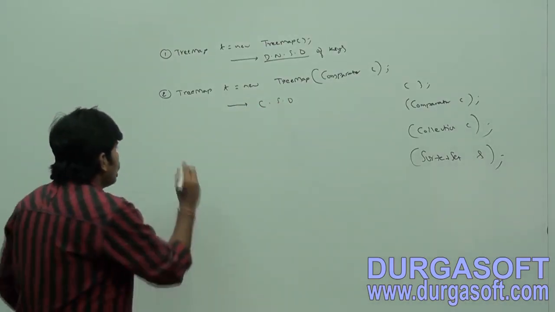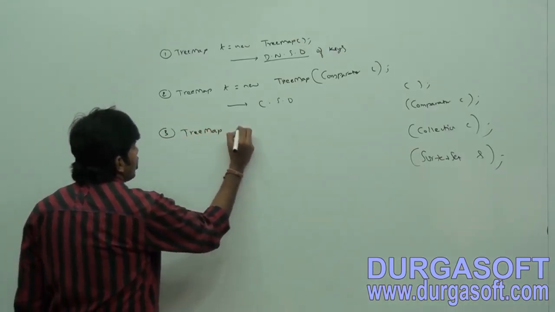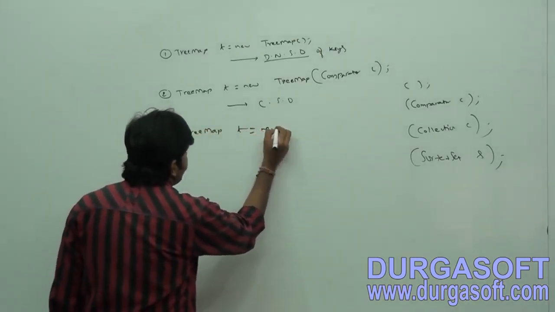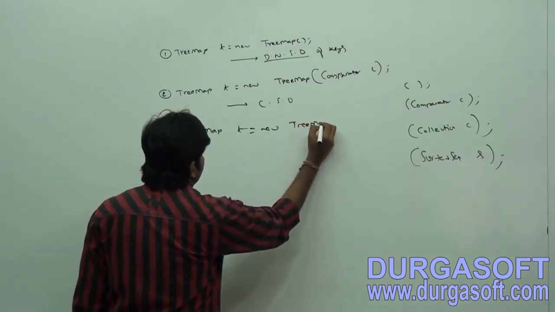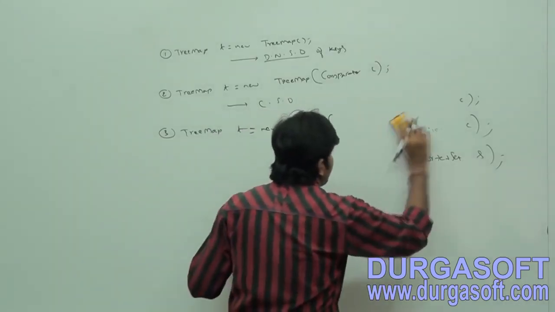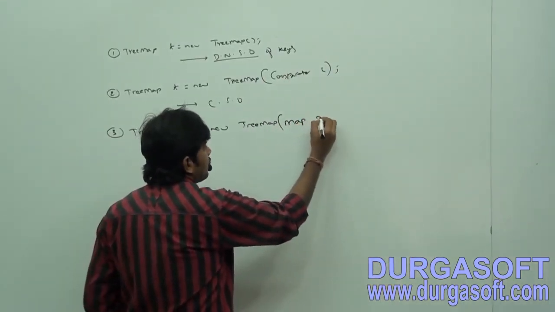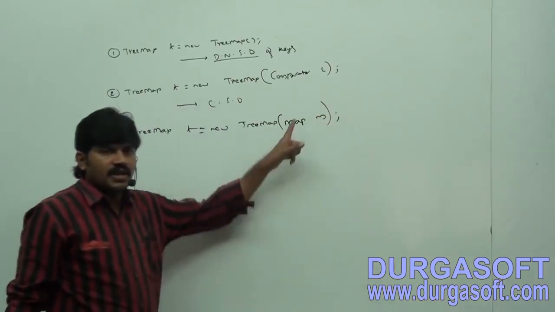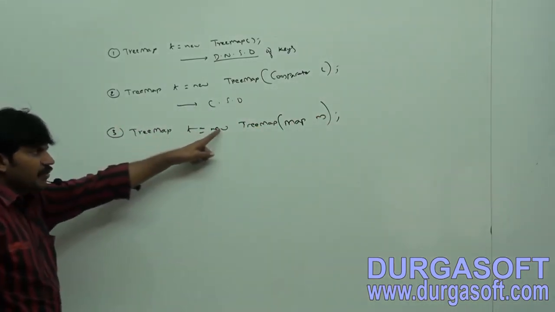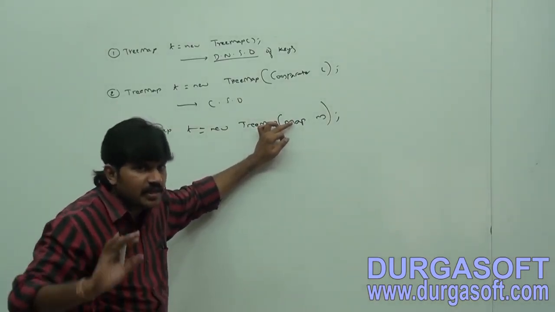Like the third constructor, TreeMap t = new TreeMap(Map m), is for interconversion between map objects. It's not a collection, it's map objects. For the given map, it creates an equivalent TreeMap. It may be a HashMap, LinkedHashMap, IdentityHashMap, any map object.